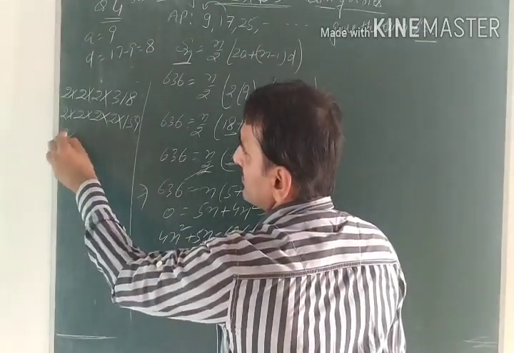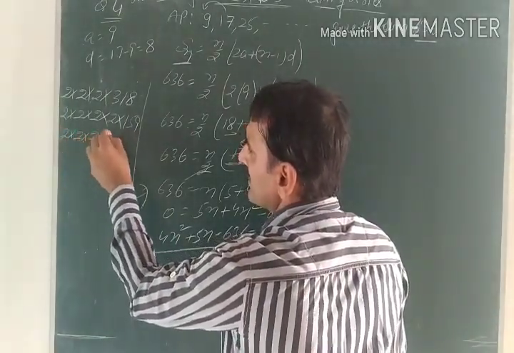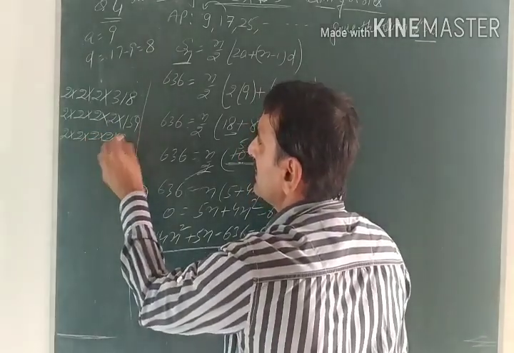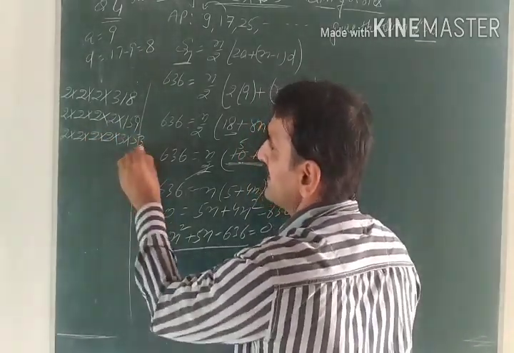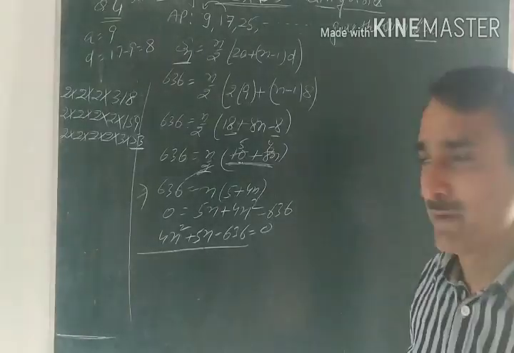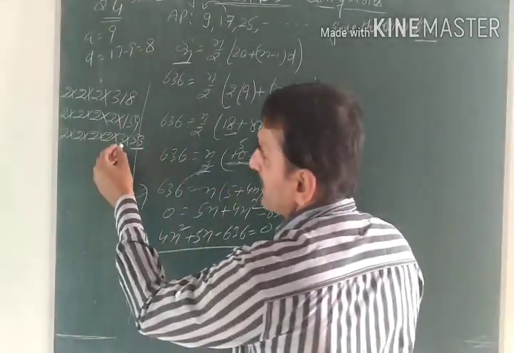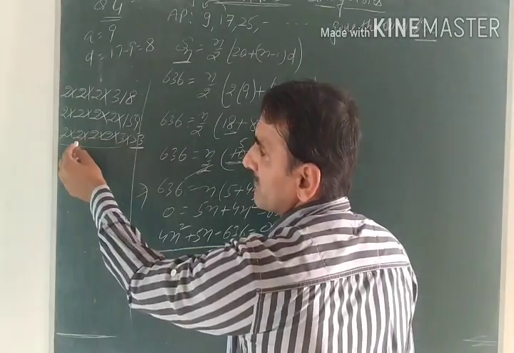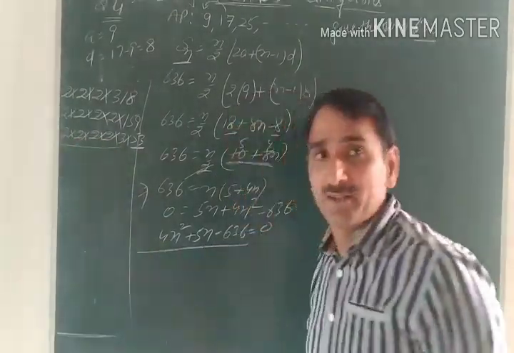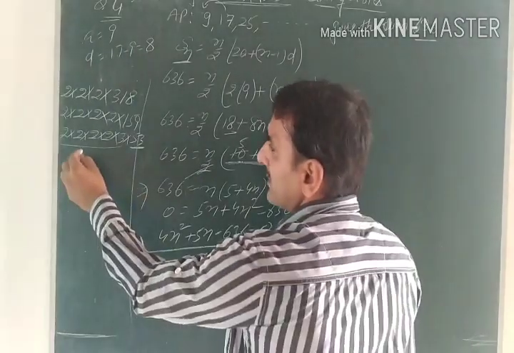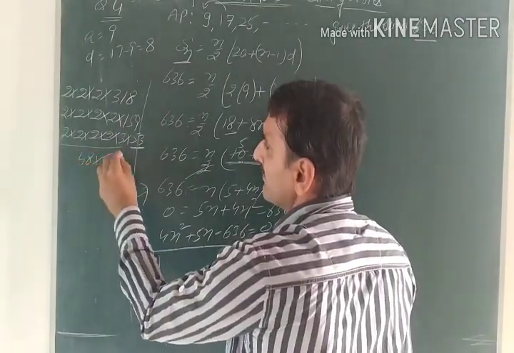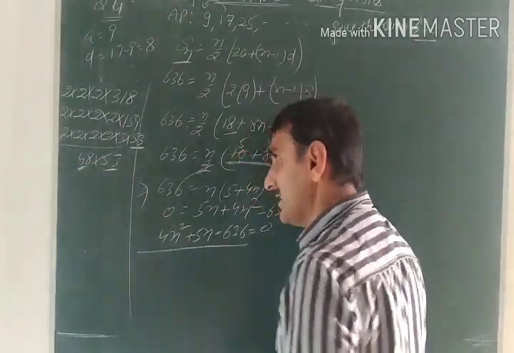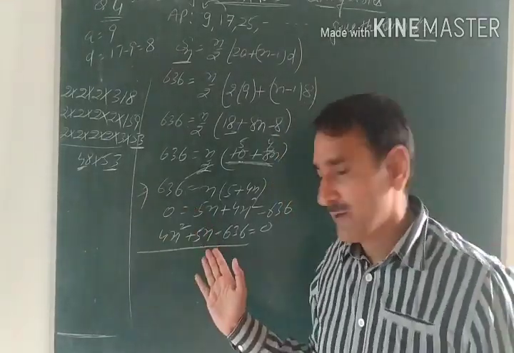Next, multiply 2 into 2 into 2 into 2 into 3 into 3. This is again a prime number. When we multiply the remaining terms, 3 times 6, 6 times 12, 12 times 24, 24 times 48. We have two numbers, one is 48, another is 53, and I think their difference should be 5.